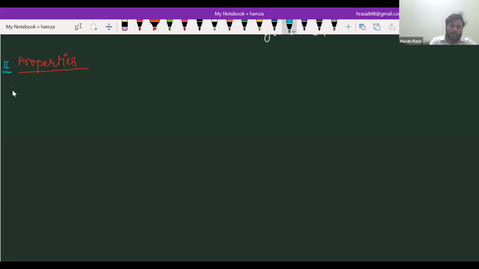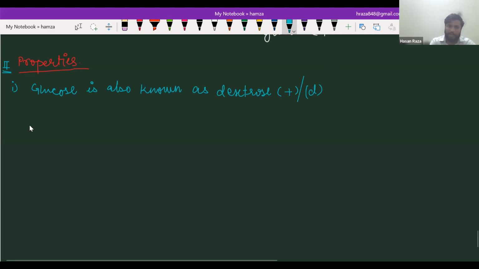The first property we are going to write is that glucose is also known as dextrose. As you know, it is dextrorotatory, so you can also call it dextrose.